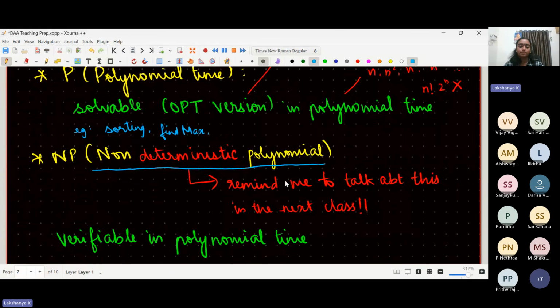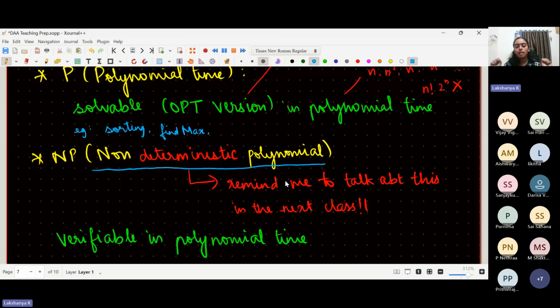The idea is this refers to the class of problems which are verifiable in polynomial time. We're not making any comment about the solvability of these problems. They could be solvable in polynomial, they could be solvable in exponential, they could be not solvable at all, as in no algorithm has been developed so far to solve these problems.